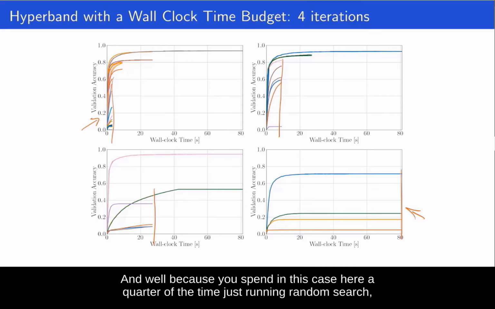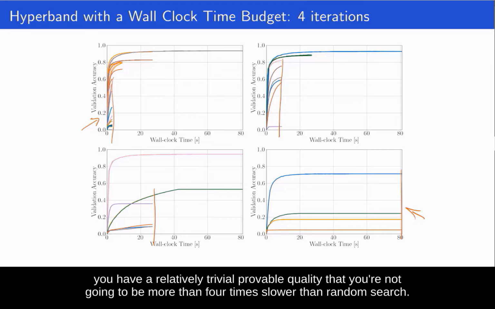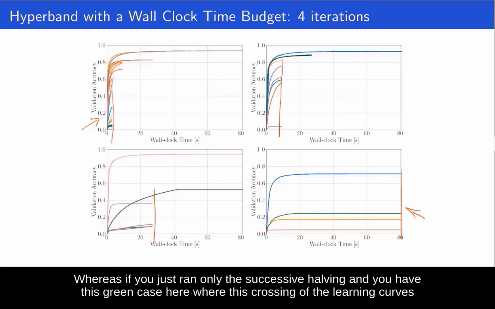And well, because you spend in this case a quarter of the time just running random search, you have a relatively trivial provable quality that you're not going to be more than 4 times slower than random search.